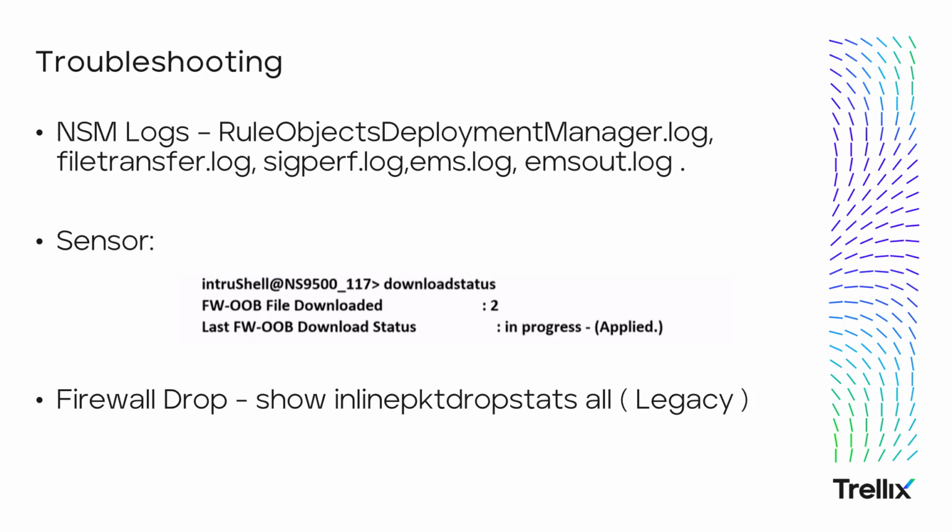On the sensor side, we already had the download status command, but this particular counter, the firewall out of band file download status, has been added to that command. We also have the legacy command show inline packet drop stats all, which will show you the ACL drop count.